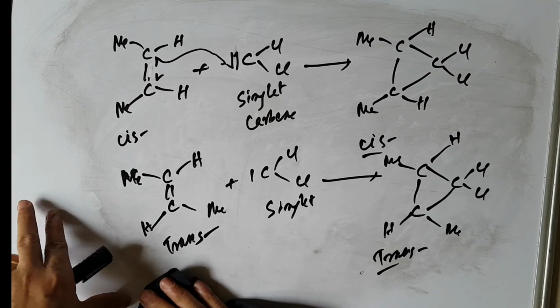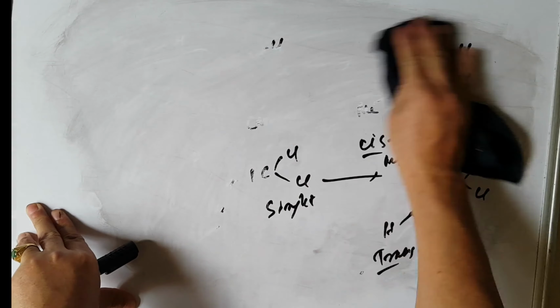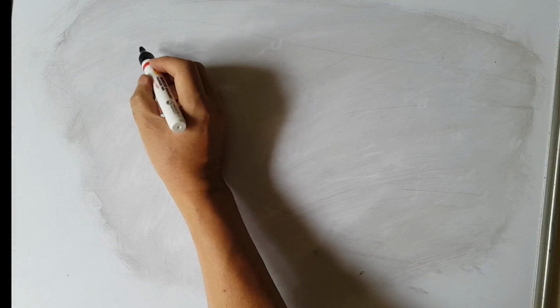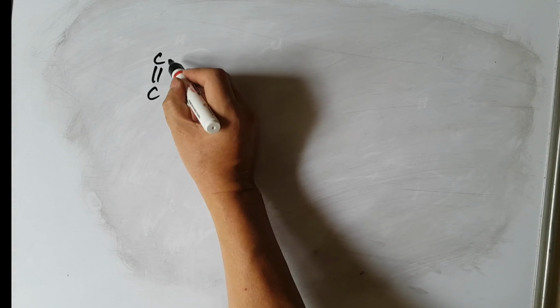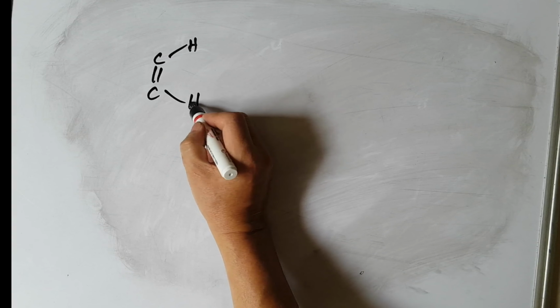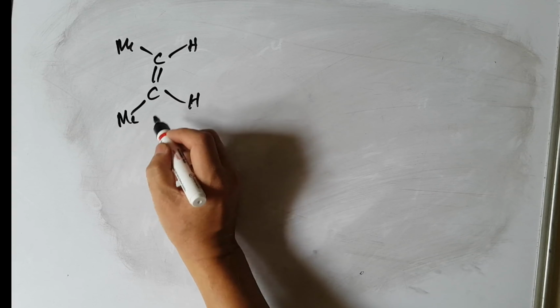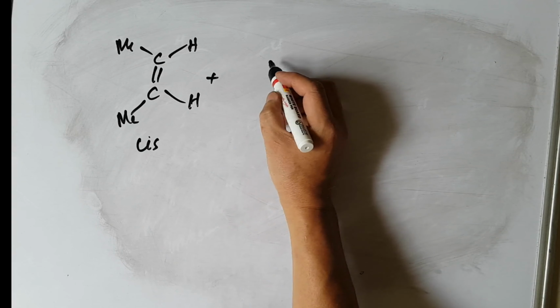But in the case of triplet carbene, this is quite different. It's a bit different, I'll just show you. Addition of triplet carbene: cis-2-butene reacts with triplet carbene.